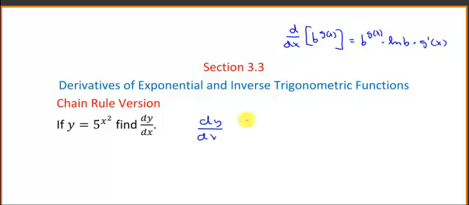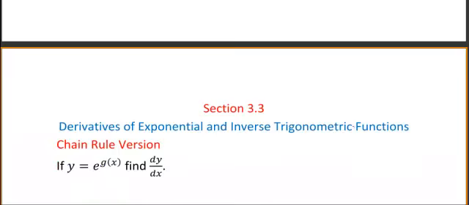So this would be 5 to the x squared times the natural log of 5 times the derivative of x squared, which is 2x. And we may want to rewrite that in a different order. Let's take a look at another example.